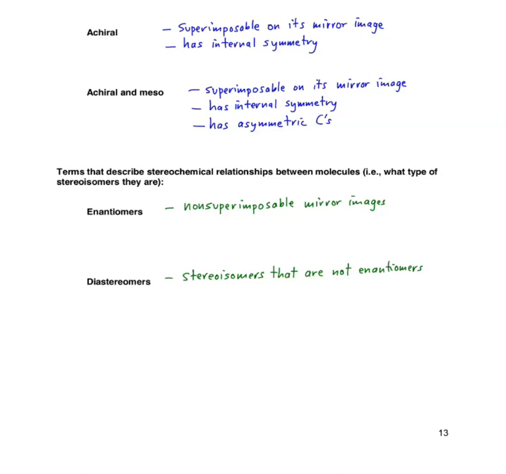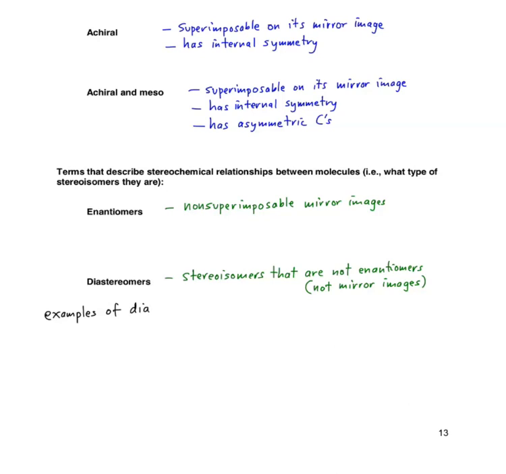Now, if they're not enantiomers, they're not mirror images. So diastereomers are not mirror images of one another. Now we're going to look at some diastereomers and figure out how to determine those relationships between molecules a bit later in this packet. But let me give you some examples of diastereomers now.